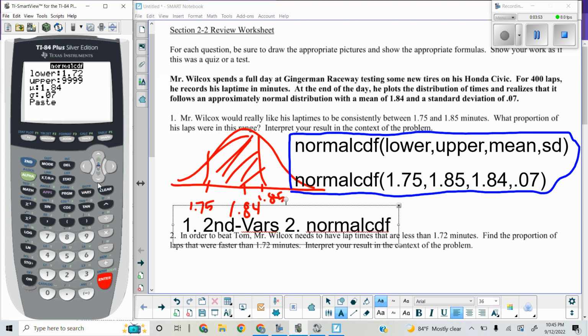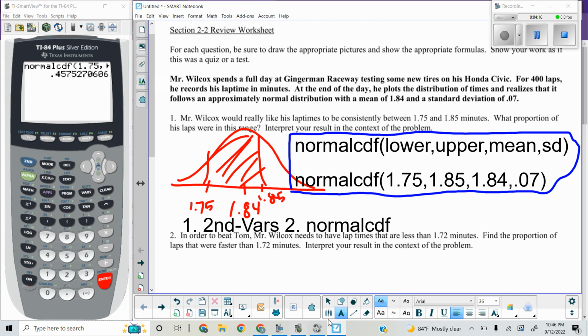and then we can just type in those. So our lower was 1.75, enter, our upper 1.85, enter, our mean, I already have it typed in there, 1.84, standard deviation 0.07, and paste and enter, and we should have roughly the same thing that you got from using table A. So it should be about 45.75%.